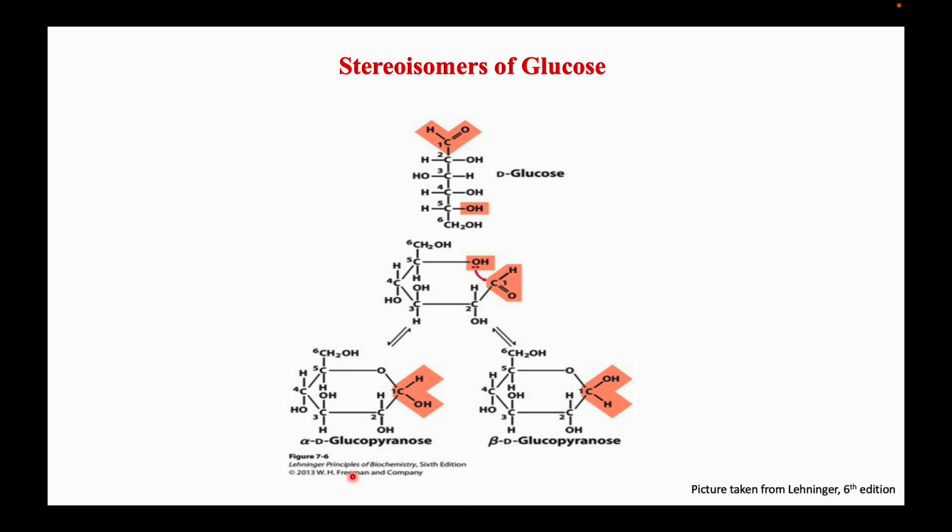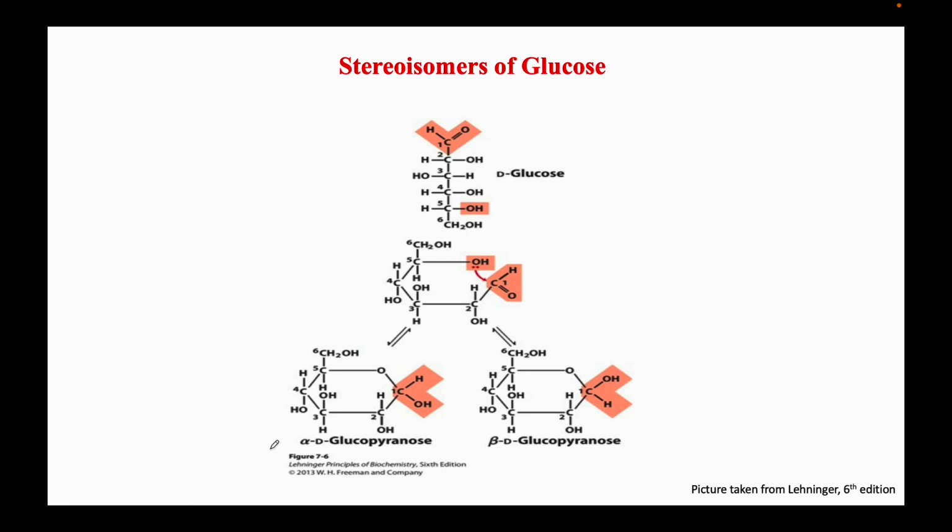So this pyranose has two isomers, alpha and beta. Always remember this: in alpha we have OH below the plane of the axis, whereas in beta we have OH above.